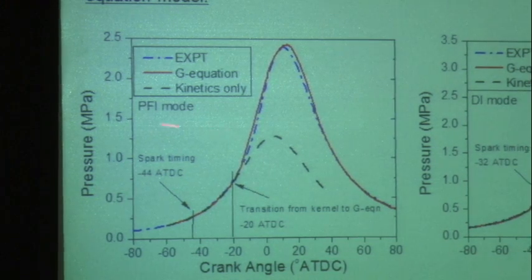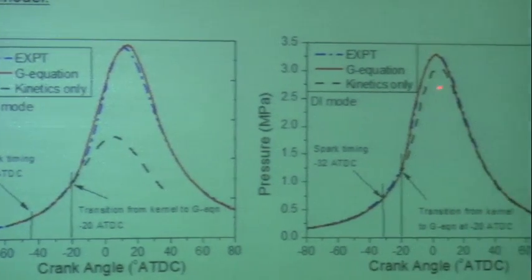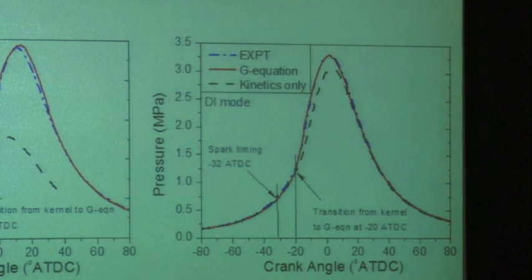So that was for the premixed charge case. For the cases I just showed you, which are for direct injection, now you have that spray that was injected that's generating the turbulence. It's mixing the fuel and the air in such a way that now a well-stirred reactor model actually works quite well, just like in the diesel engine.